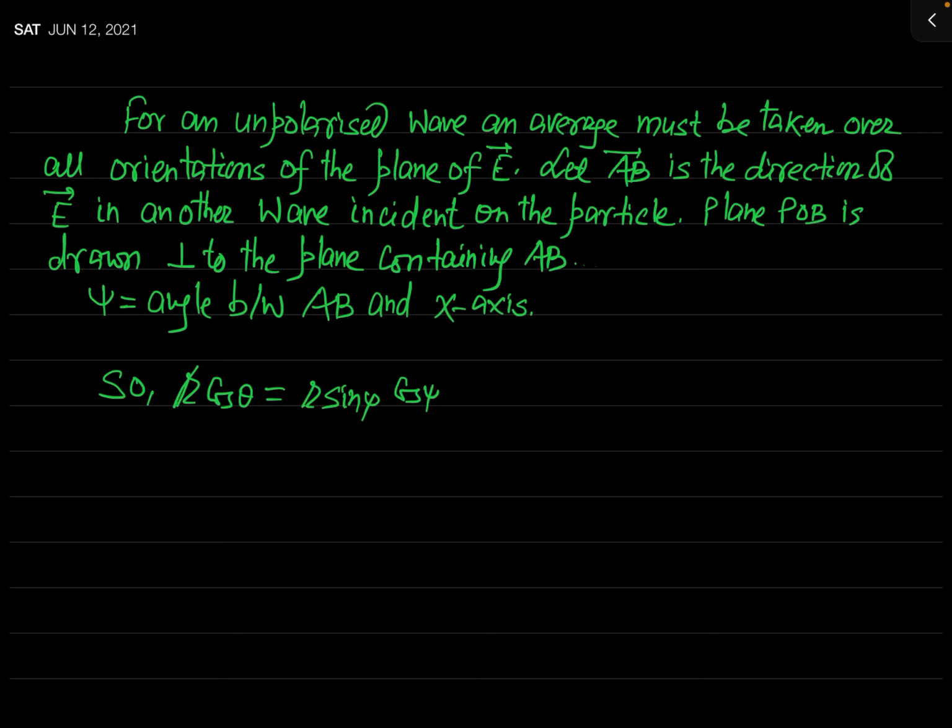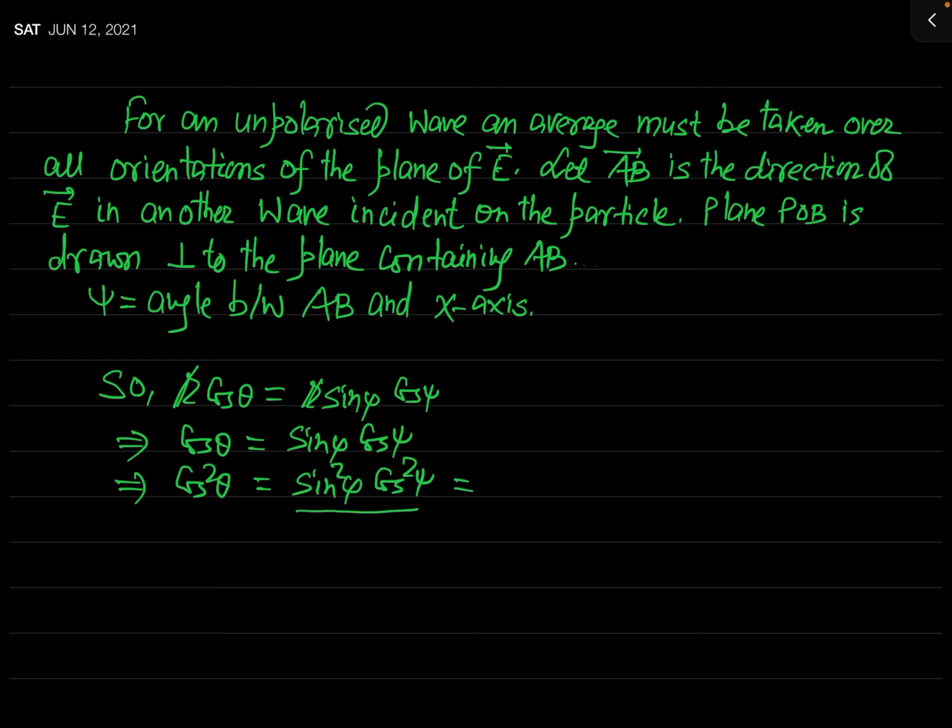Now this r and this r will cancel out, and our result will be what? This is cos theta equal to sin phi times cos psi. Now let us square this equation both sides. You will get cos square theta equal to sin square phi times cos square psi. And equivalently you may write this expression in this way.